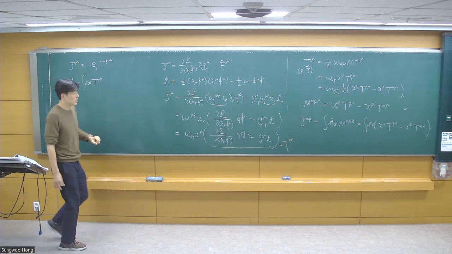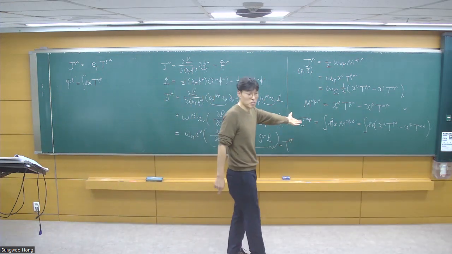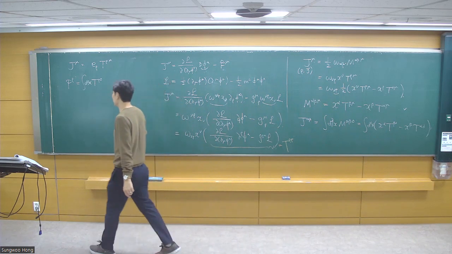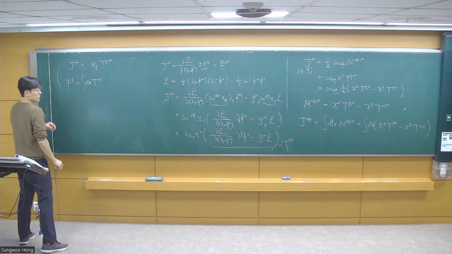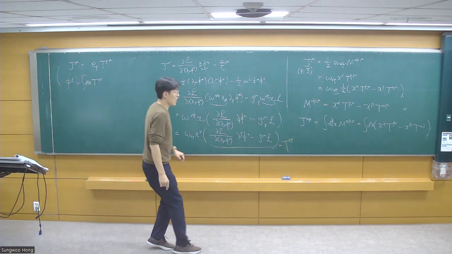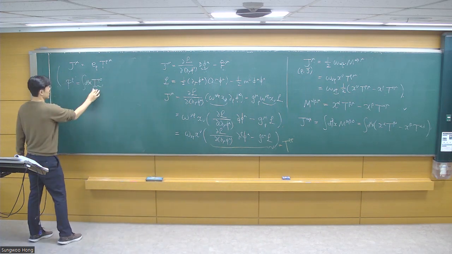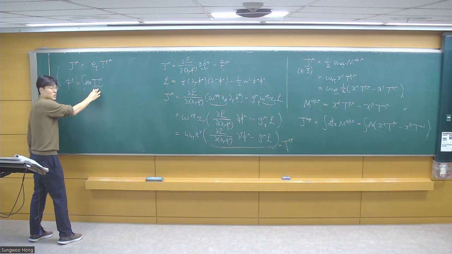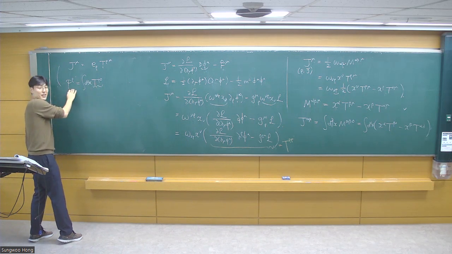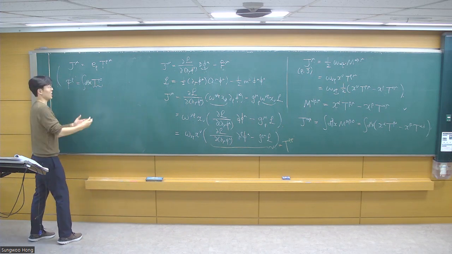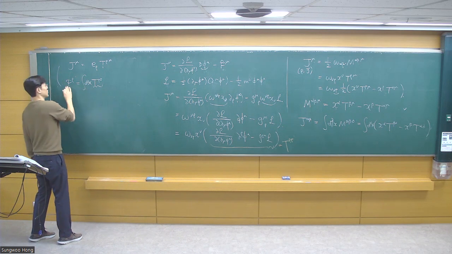Okay, good. Now let's do the same thing for this vector transformation. Now we have some more indices, but nevertheless we can do it. So you are now convinced that this can be called the full momentum density, because if I integrate over the volume, I get the full momentum. Just like there's mass density or charge density, this is charge density, this is charge.